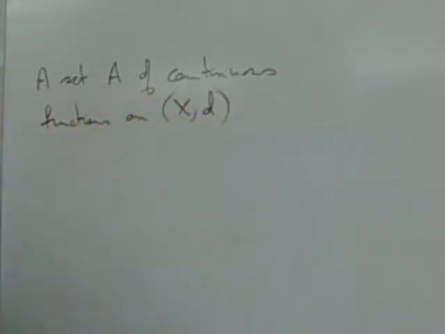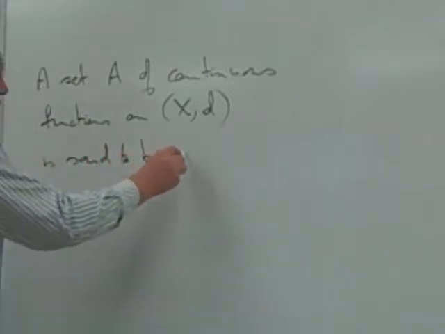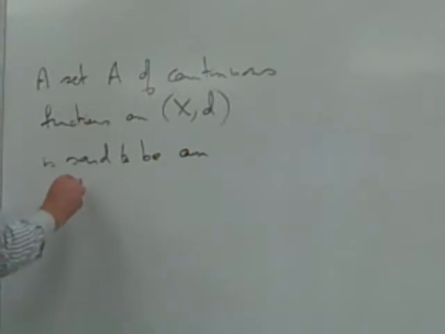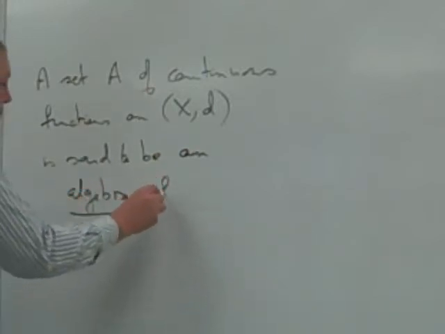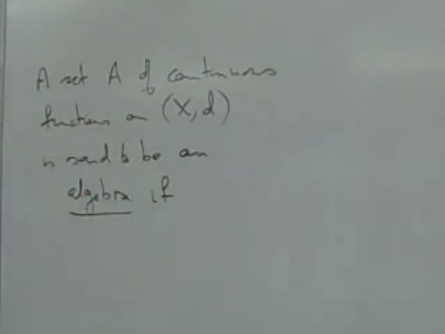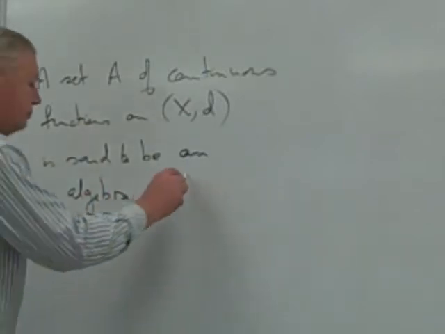The underlying space for this definition is basically irrelevant, but this is where we're going to use this. So a set A of continuous functions is said to be an algebra if the following conditions hold.